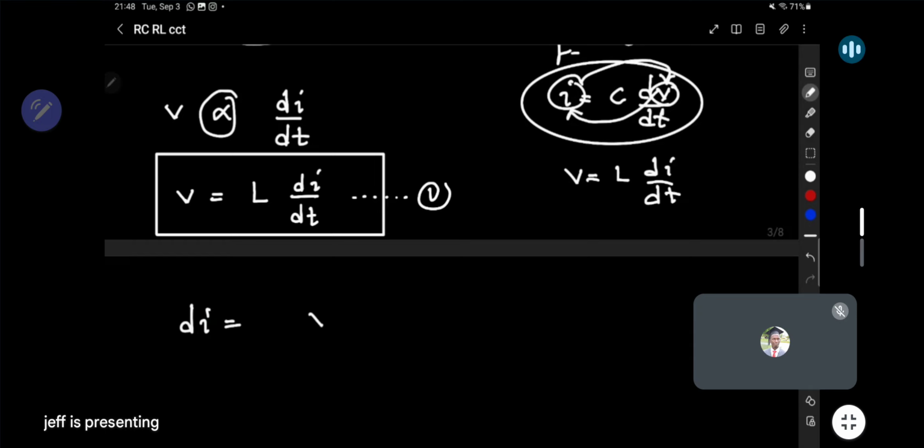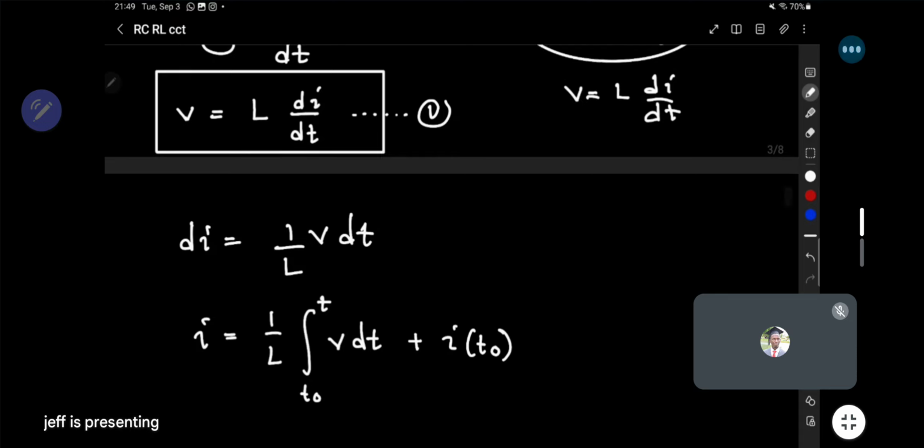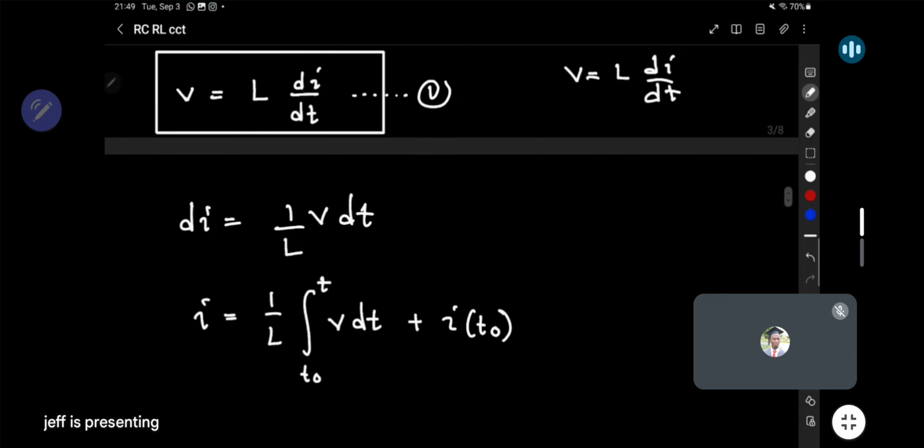The V will multiply the dt, then the L will go down. We end up with something like this. Then integrate both sides. 1 over L will be outside the integral. This is going to be from time t equals 0, the initial time, to some time t, of V dt, plus the initial current that was present at t equals 0. So this becomes the expression for getting the current.